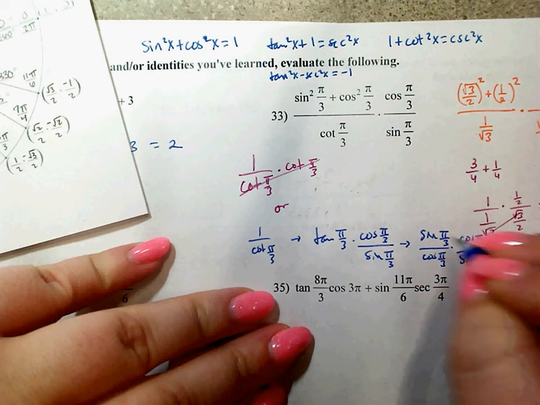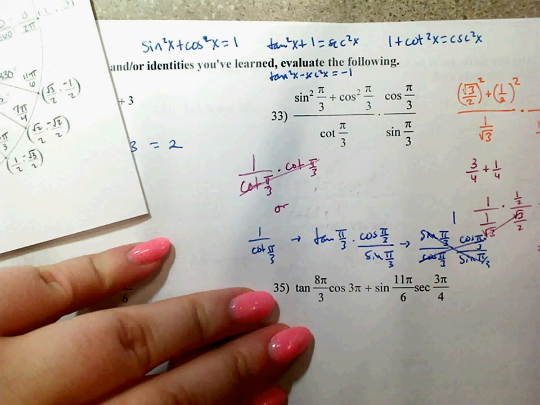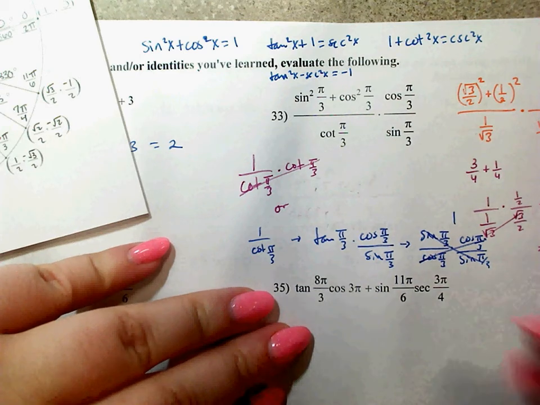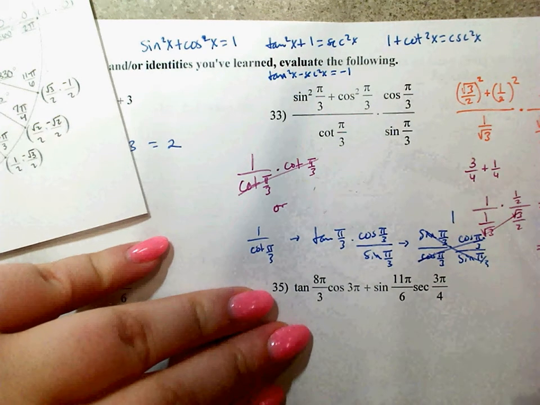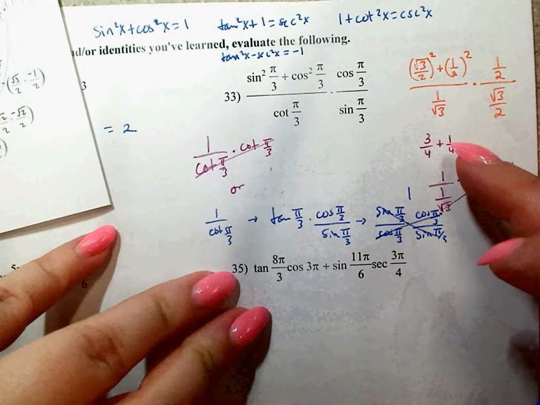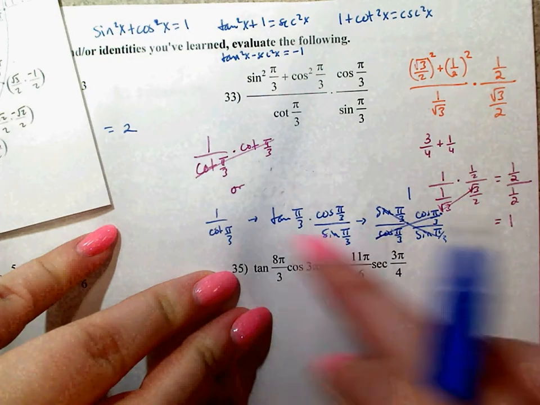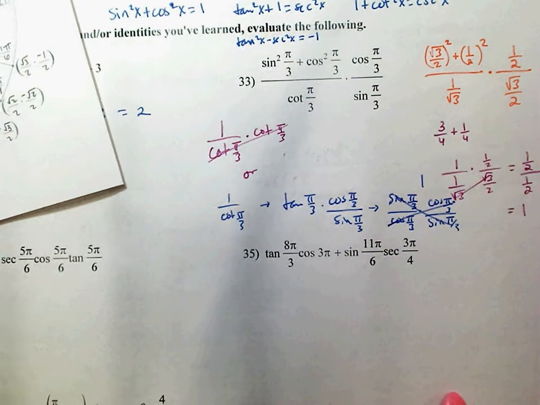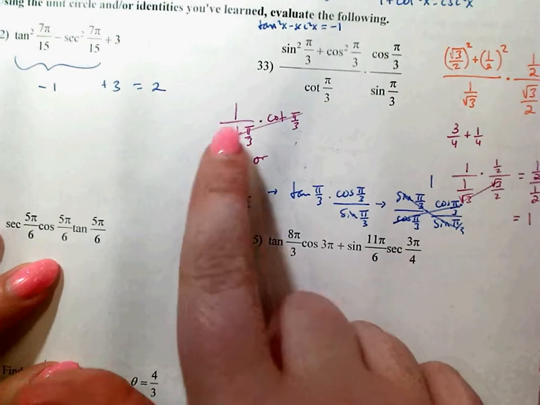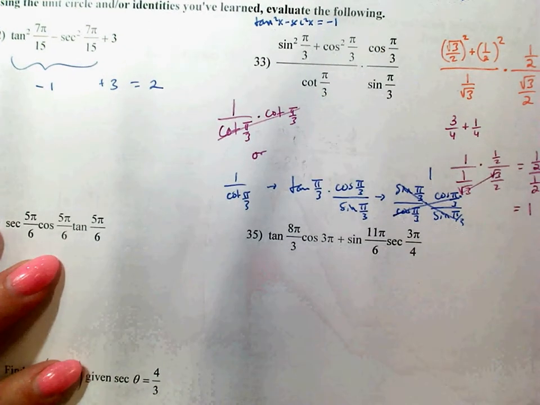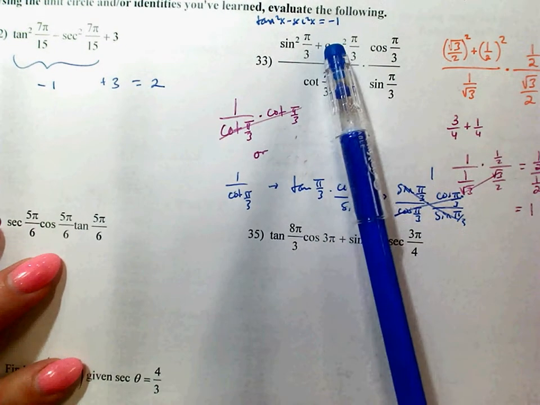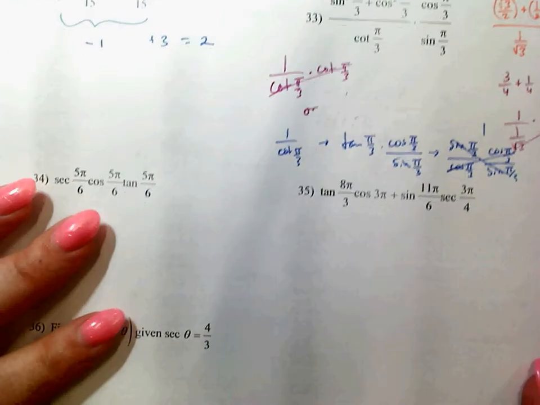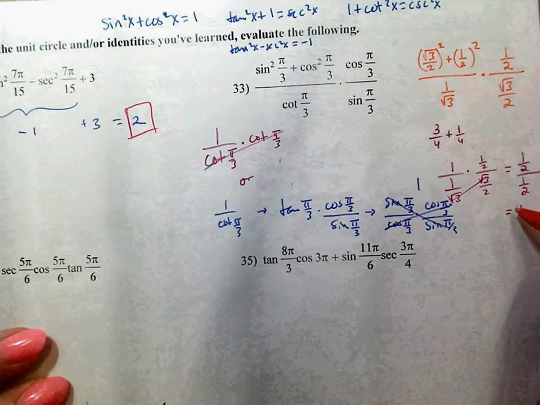And then you can see that those simplify each other out, and you're left with 1 again. So either way that you see this, you could work it out using the unit circle. You could work it out using different identities, and you'll get to the same spot. Okay? Or you could have worked it to this spot and then plugged in the things that you know. So if you just replace one thing with an identity, it's still making it faster than having to work it all out. So far 2 and 1.